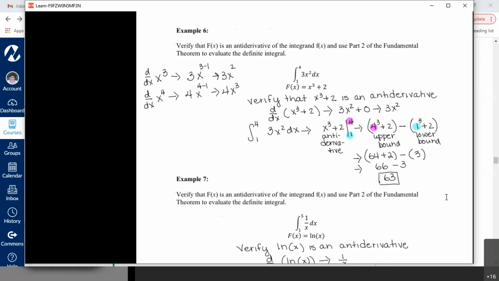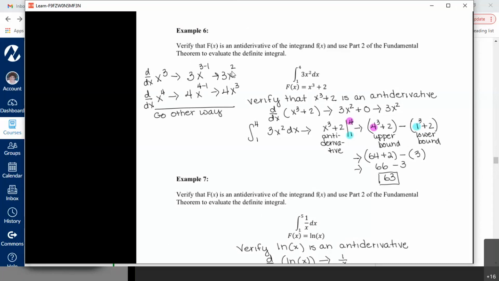How would you put it back together? How would you go the other way? Well, you've got to reverse the steps, and not only do you have to reverse the steps, but you've got to do them in the reverse order. When we differentiate, the first thing we do is bring down the exponent in front, and then we decrement the exponent.